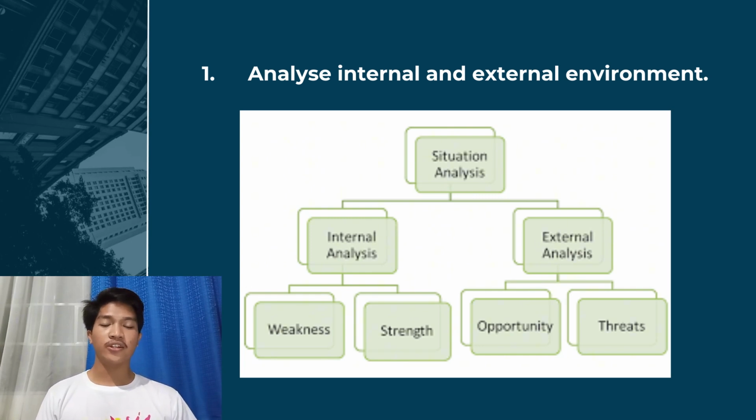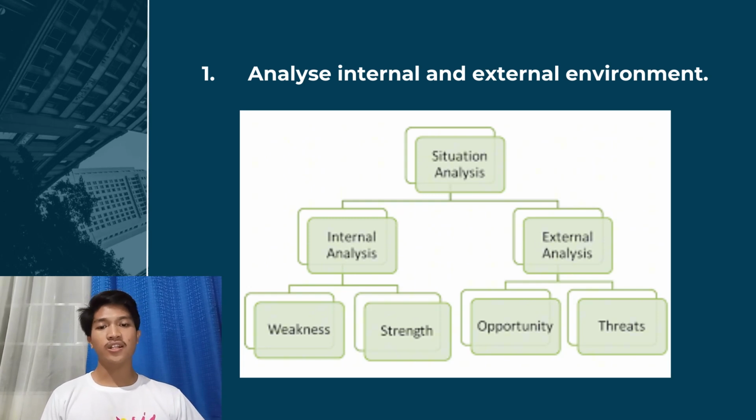Situation analysis. There are 2 branches under situation analysis, which are internal analysis and external analysis. In internal analysis, there are weaknesses and strengths. Weaknesses and strengths help identify what the company can control and improve, such as resources, skills, and processes.